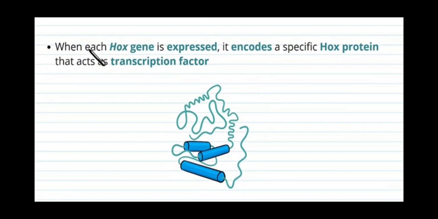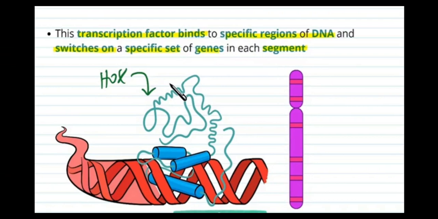When each Hox gene is expressed, it encodes a specific Hox protein which acts as a transcription factor. The transcription factor binds at a specific region of DNA and switches on a specific set of genes in each segment. As you can see in this diagram, the Hox gene has been transcribed and translated into the Hox protein, and this Hox protein has a specific 60 amino acid region which is called the homeodomain.